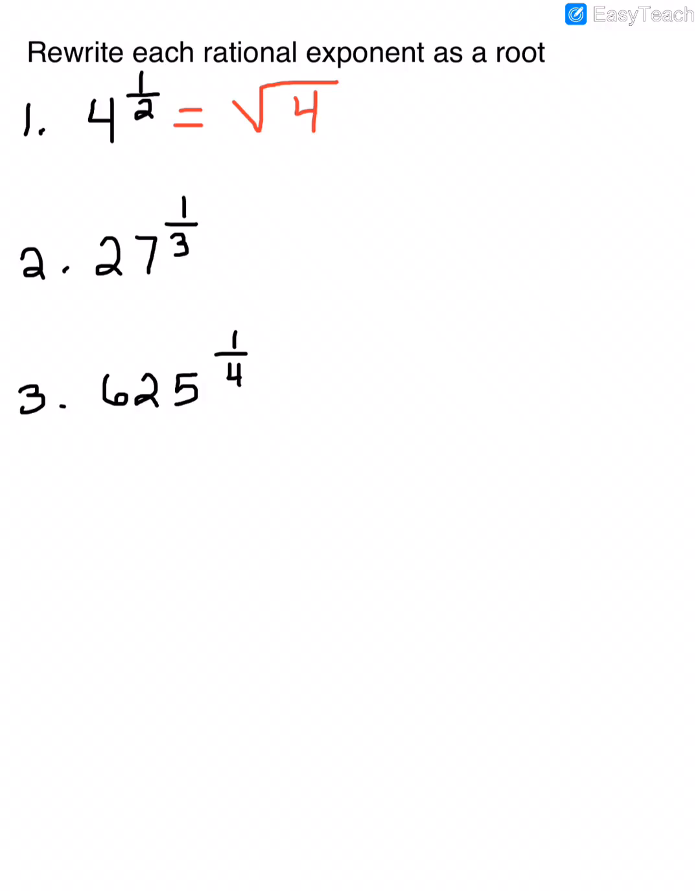For number 2, this is 27 to the 1/3 power. So my index is going to be a 3, so this would be the cube root of 27. Number 3, it's 625 to the 1/4 power. So I would just rewrite this as the 4th root of 625.